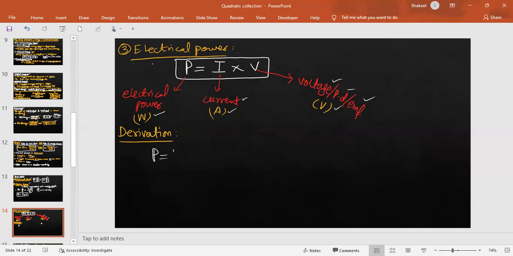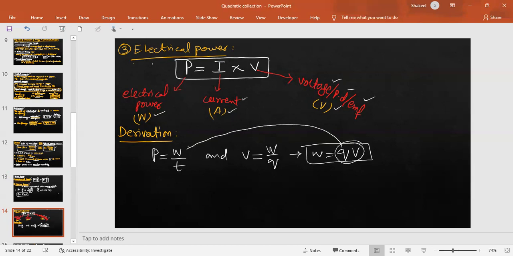So, you know, power is work over time, and we know the definition of potential difference, which is work done per unit charge. So from this, you can make work the subject, which is Q times V. Now we'll put this value in place of work.